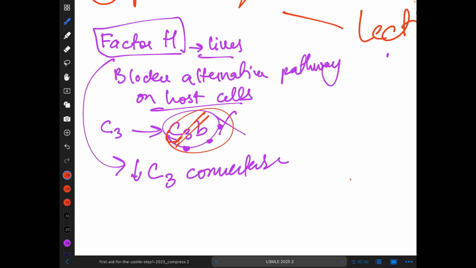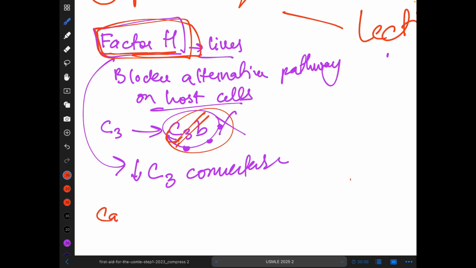If I am a doctor, I know how to use a medicine and what its outcome will be, to protect myself. Now this factor H mechanism is also copied by our enemies.